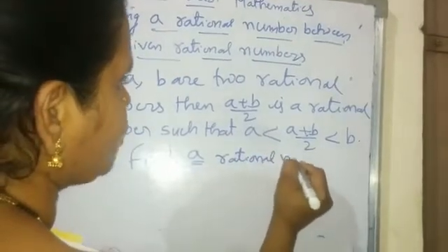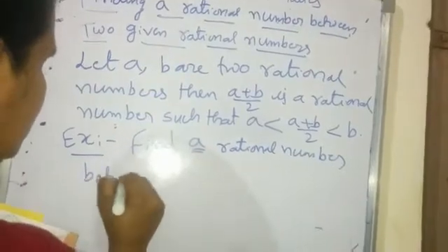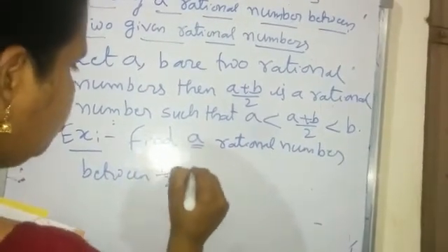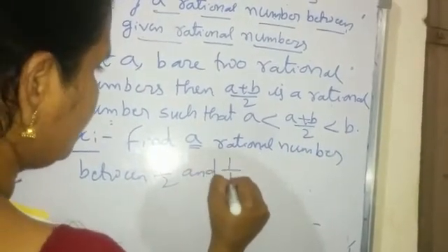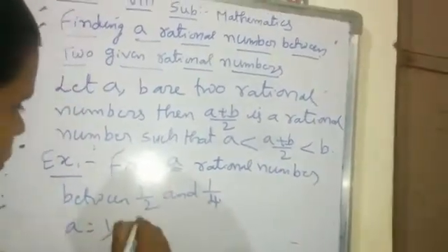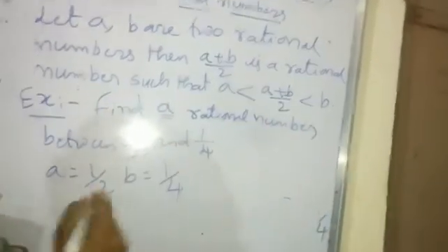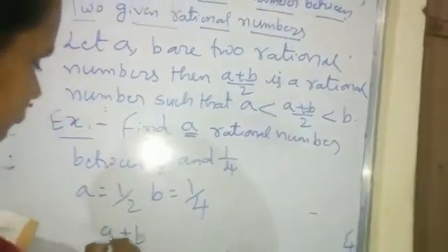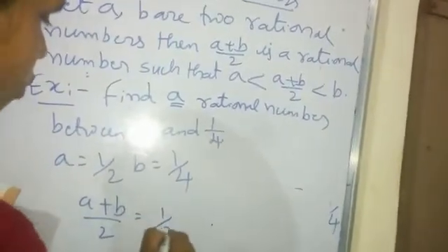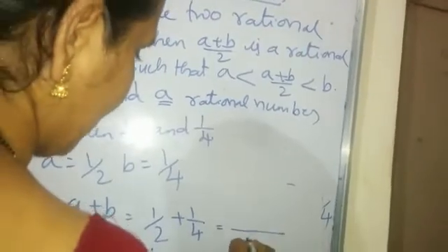Find a rational number between 1 by 2 and 1 by 4. See, children, here a is equal to 1 by 2 and b is equal to 1 by 4. So the formula is (a plus b) by 2, that means (1 by 2 plus 1 by 4) by 2. 4 is the LCM.